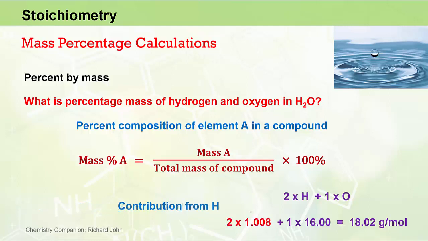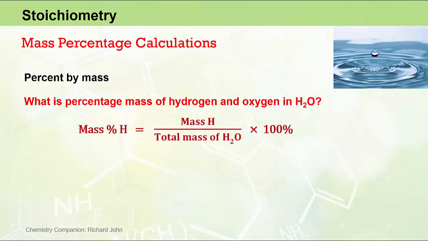The mass contribution from just the hydrogen atoms in 1 mole of water is given by this value here, 2 times 1.008 grams, and we can substitute this value into our mass percentage equation, giving us 2 times 1.008 grams divided by 18.02 grams multiplied by 100%.